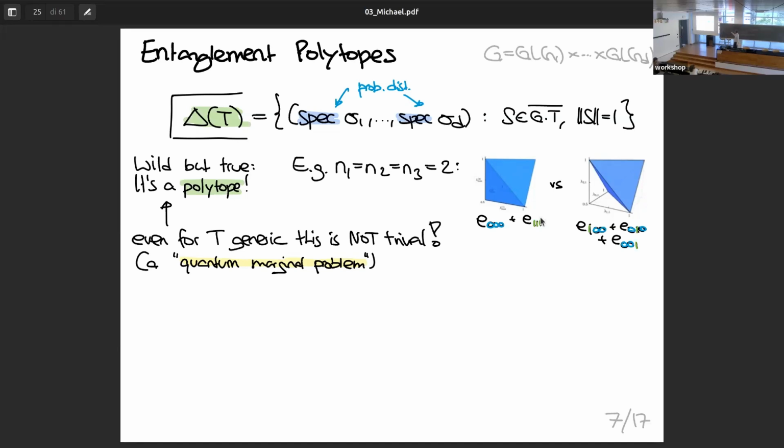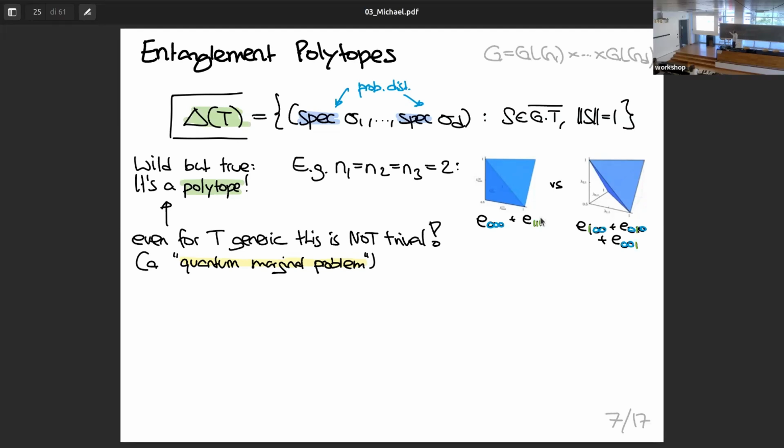For example, these facets here in the interior, even though it will not be easy to see when you look at it the first time, are not implied by the fact that these are probability distributions. The trivial inequalities are saying, okay, the P's are all larger or equal to 0, they sum to 1, and P1, the first eigenvalue, is larger or equal to the second one because I sort these, right? So for me, the spectrum is a sorted vector of eigenvalues. So there's always a trivial ordering, which are inequalities bounding your polytope.